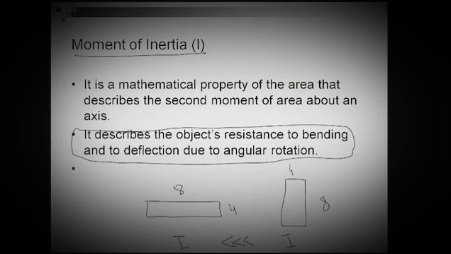If the object has a higher moment of inertia, it can resist more bending and more deflection. That's why the one on the right, since you've got the 8 to the power cubed in our moment of inertia equation, will generate a much, much higher moment of inertia than the one on the left.